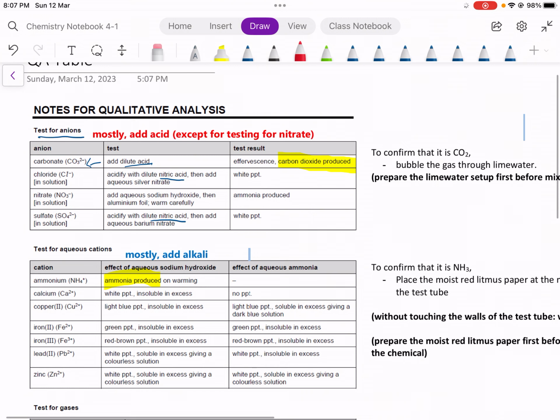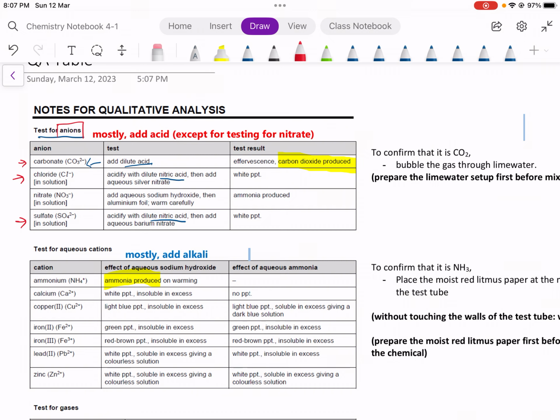For carbonate, they ask you to add dilute nitric acid. When it's chloride, they ask you to add acid as well. When it's sulfate, they ask you to add acid as well. For the whole of this table, whenever they ask to add acid, it's mostly to test for anions. In this case, they only ask to add dilute nitric acid, and since we're adding only dilute acid, we are testing for carbonate.